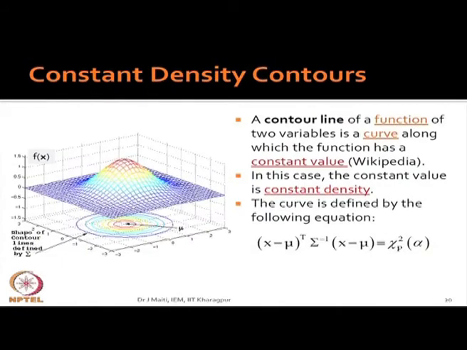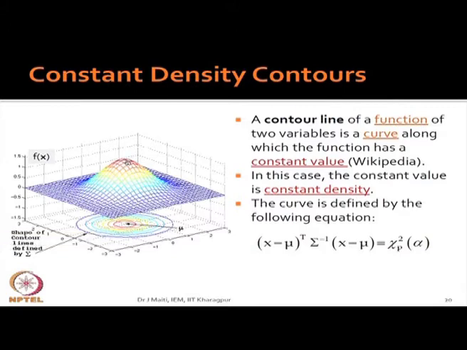Then we will discuss contours, what are basically constant density contours. You see this figure carefully. This is the bivariate density function. This is the mu, that is the bottom reference point.